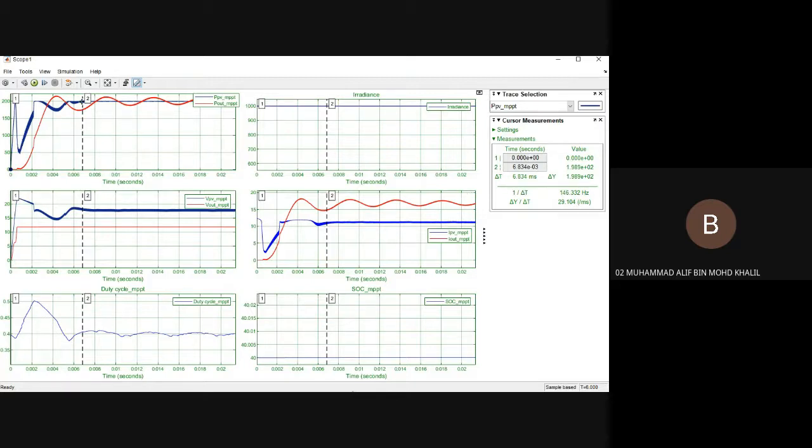So the settle time for the PV module to reach the MPPT is around 7 millisecond. Same goes to the voltage graph. This is the voltage graph, and this is the current graph for the IPV and I out.